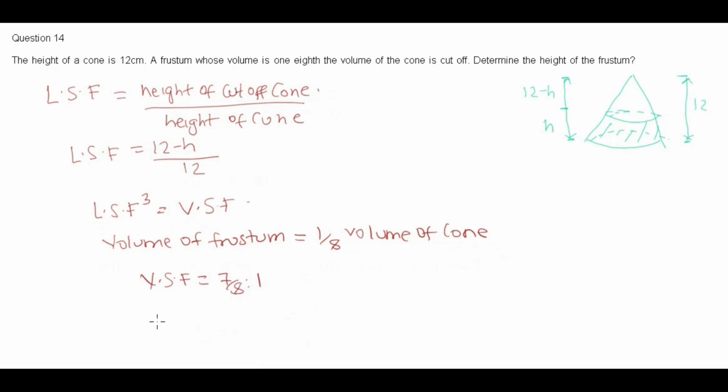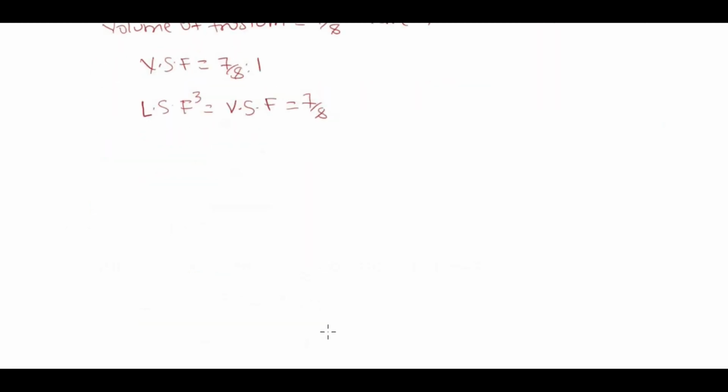And we know very well that the linear length scale factor cubed is equal to the volume scale factor, which is equal to 7/8. So let's make the length scale factor the subject of the formula.